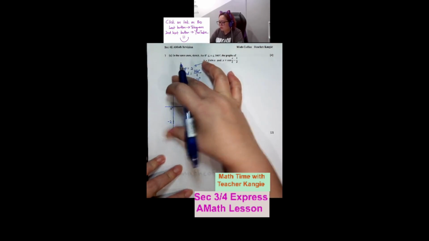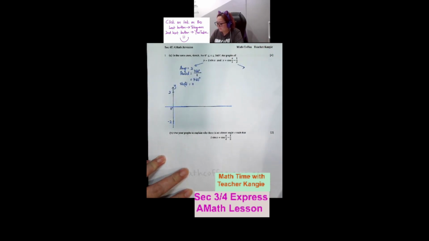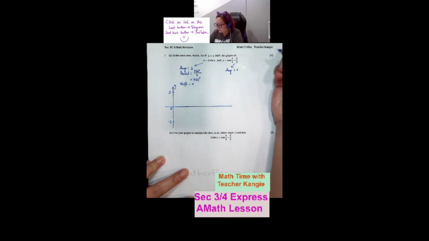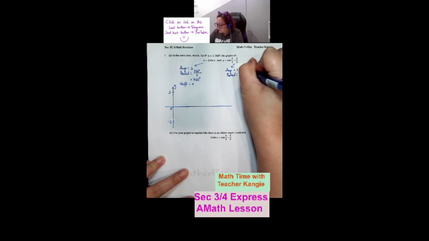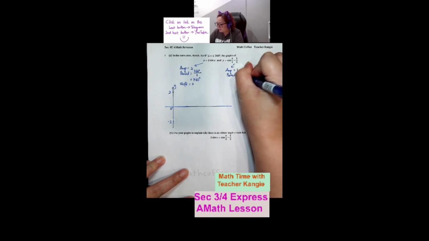Okay, but before we go to plot, let's find out the information for the cosine graph first. Maybe I'll do it here. First, amplitude. The amplitude is the number in front of the cosine. In this case, it's just 1. Period: 360 degrees divided by the coefficient in front of the x. In this case, it is half x. So I'm going to divide by half, and you get 720 degrees.